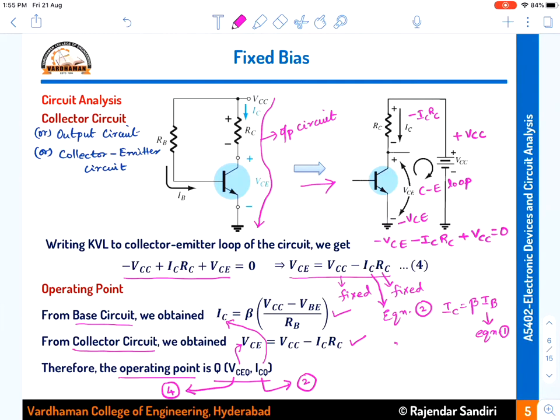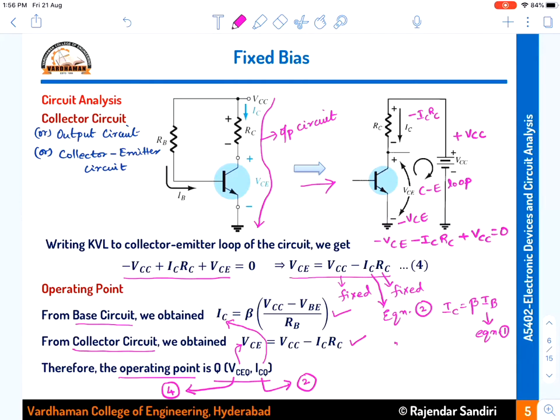This is the procedure for calculating the operating point for a given circuit. In the problems also, you will be given a fixed bias circuit with the beta value, RB value, RC value and VCC, and you are asked to calculate the operating point.